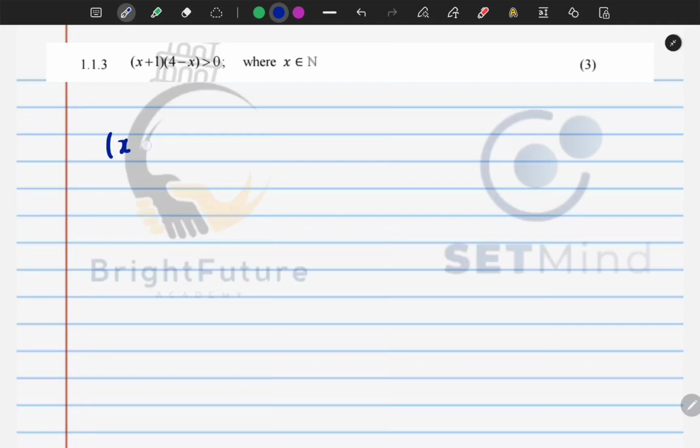So you have x plus 1 times minus x greater than 0, right? So the first thing that comes to my mind is I can write this in a different way.